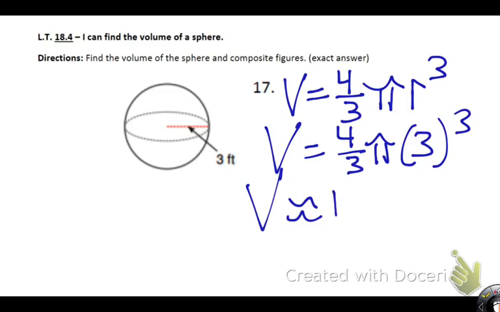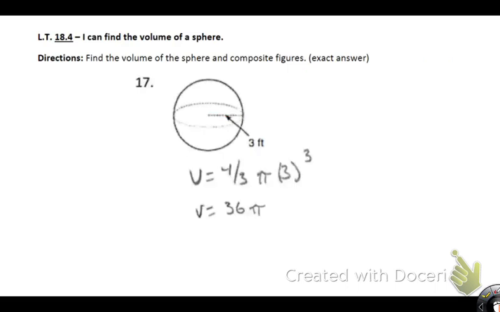Okay, so I got 113.1, and I'm going to say that is cubic feet. Let's see how close I am here. 113.1, or 36 pi. Let's see what that is. 36 times pi. Tell me that's 113.1. Yes. Okay, so we're good. In good shape there.